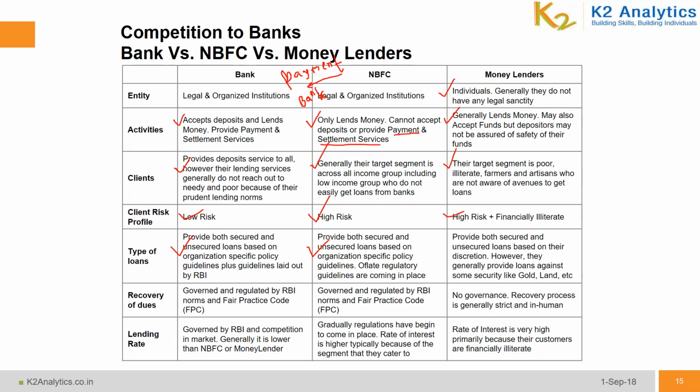NBFCs provide secured, unsecured. Money lenders also provide secured, unsecured. However, most of the time you will see money lenders' loans are secured, because they typically take gold, silver or land as security.